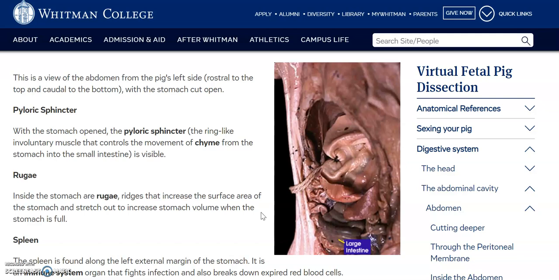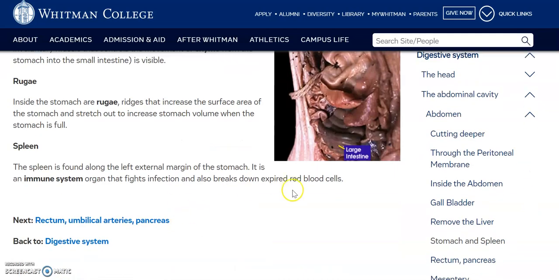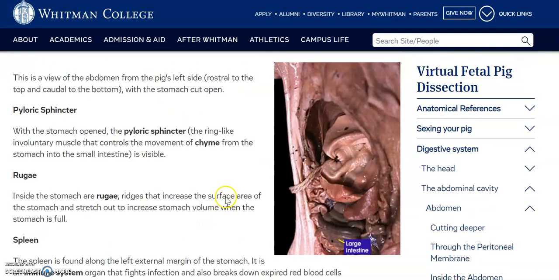Now we have these things called rugae inside the stomach. These are basically a whole bunch of folds that help increase the surface area of the stomach, so that way you can break down and get ready to absorb more nutrients from the food that you have taken in. Your spleen is part of your immune system, okay?